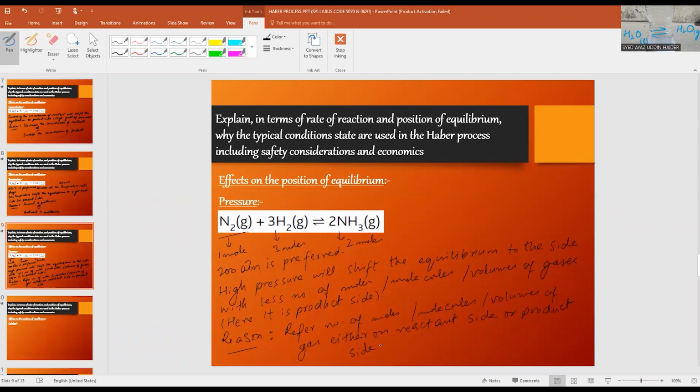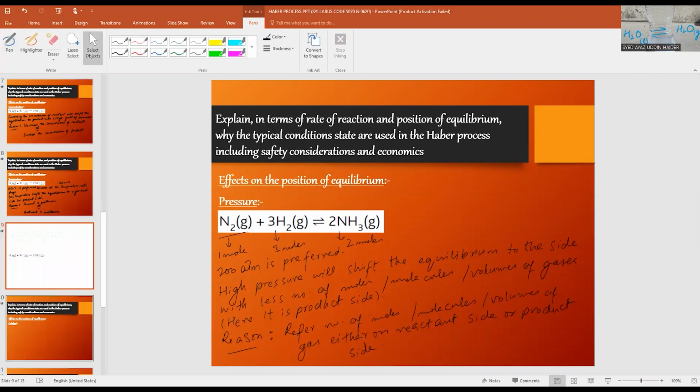So high pressure means there will be a high yield of ammonia gas.